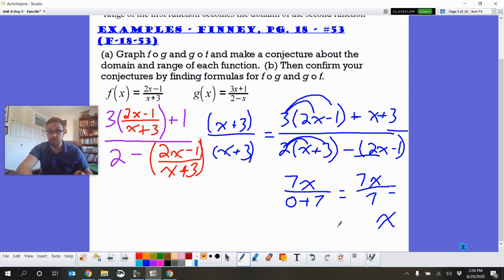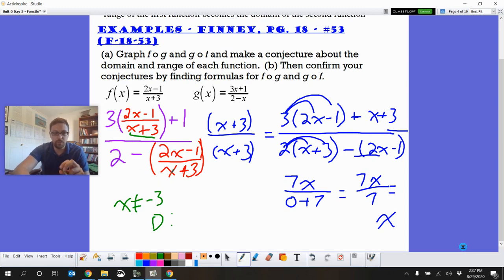Sure, here anything could happen, but we still need to worry about, hey, right here, x can't be negative 3. And I think 2 would also be bad, because if f of x ever spit out a 2, then we'd be in big trouble, because then this thing would kind of blow up.